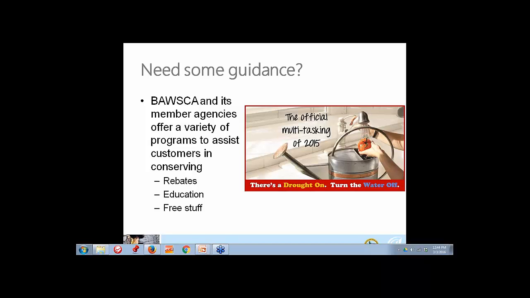There are free consumer education courses and online resources on topics like sustainable landscaping, water-wise gardening, and indoor water saving tips. And BOSCA and many of our water suppliers actually offer rebate programs and free supplies for their customers. Let's start by looking at some of these rebate programs and water conservation measures for inside your home.